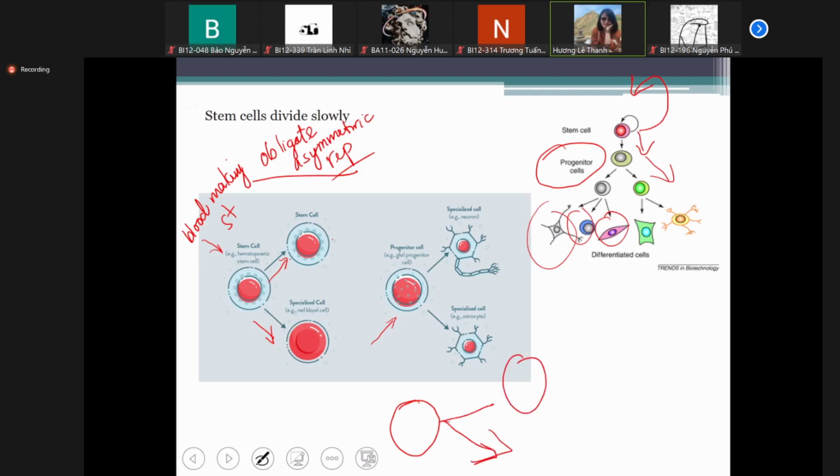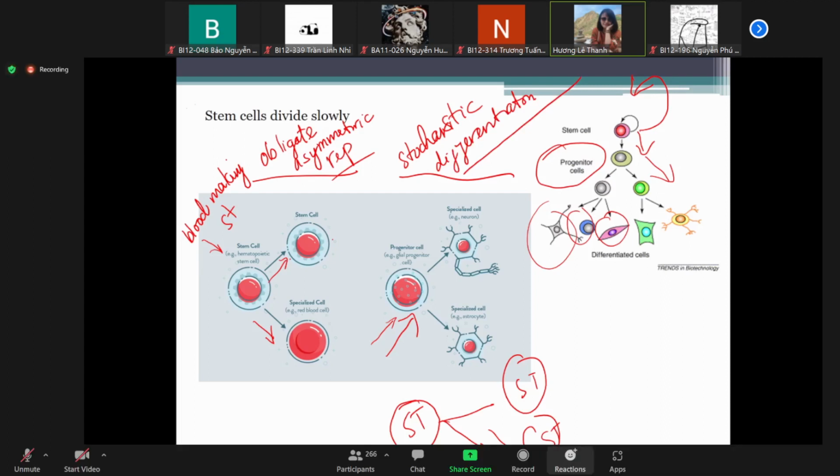Because these stem cells have produced two specialized cells, they need to divide to maintain the number of stem cells. This process we call stochastic differentiation. These are the two ways that cells divide.